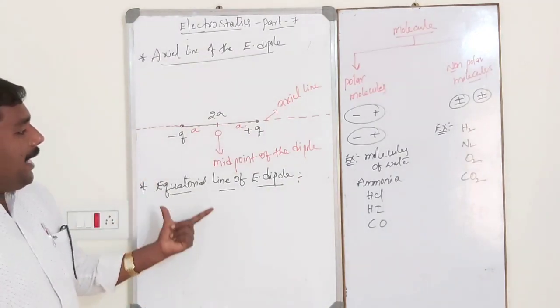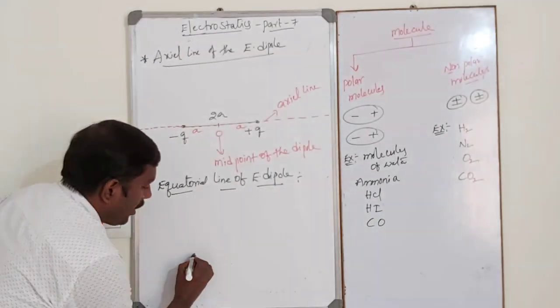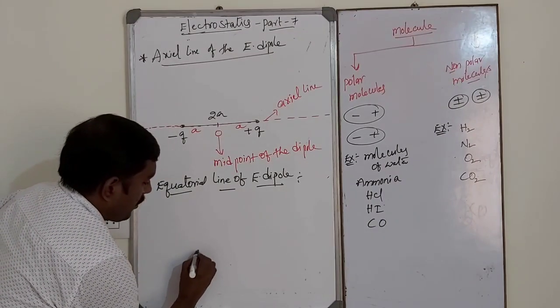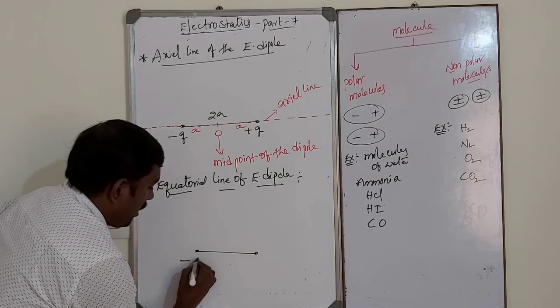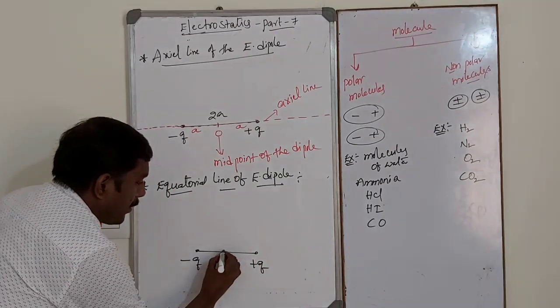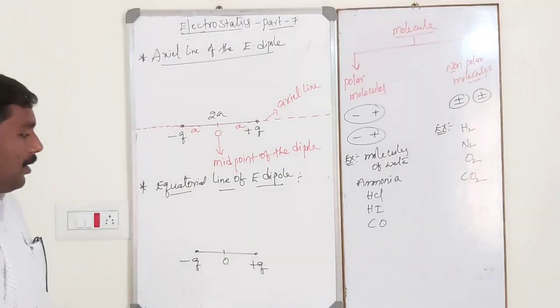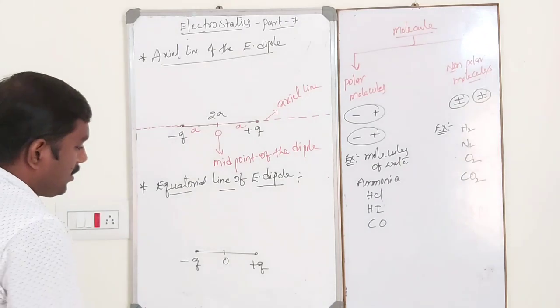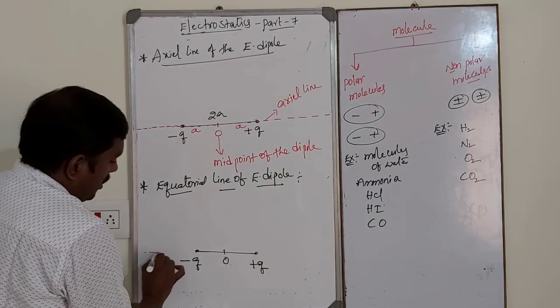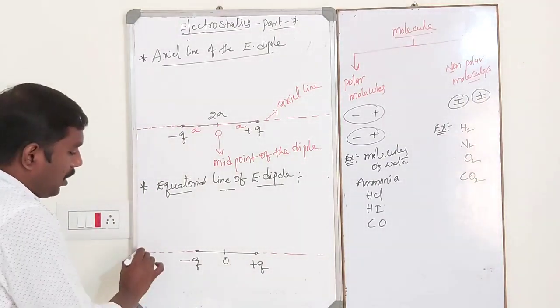So dear students, see, this is the dipole. This is the midpoint of the dipole. O will be the midpoint of the dipole. Equatorial line means, see dear student, this is what? Axial line.